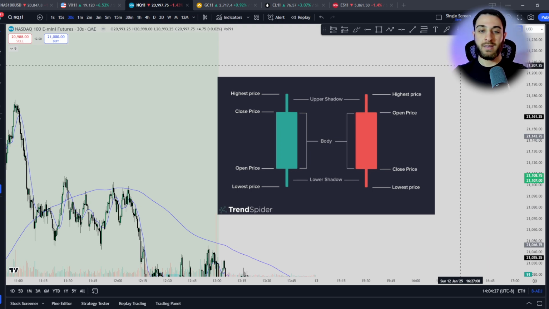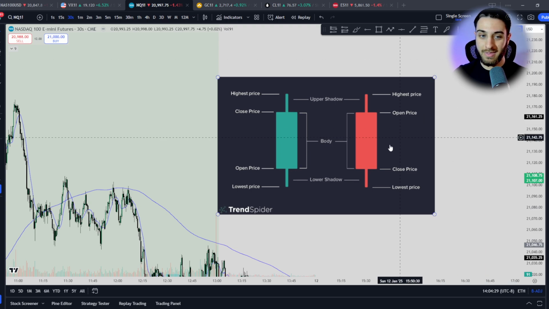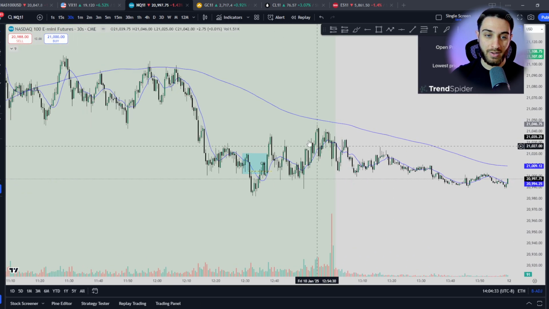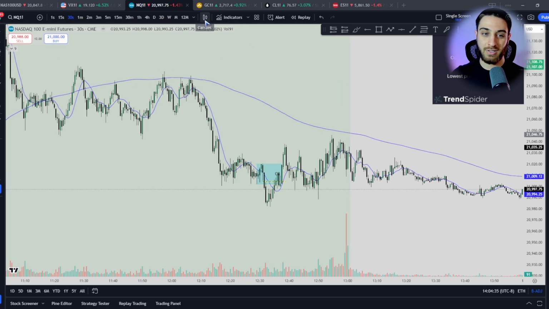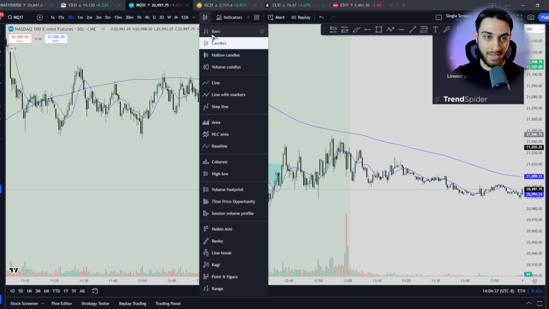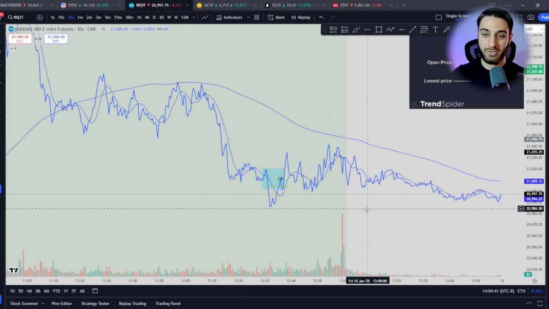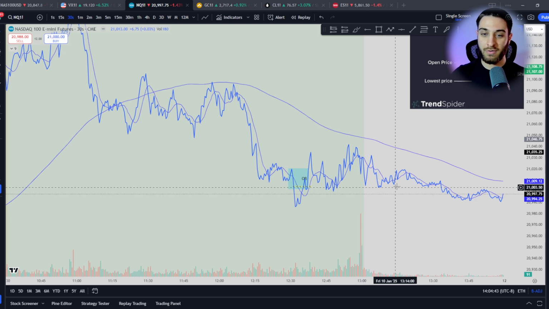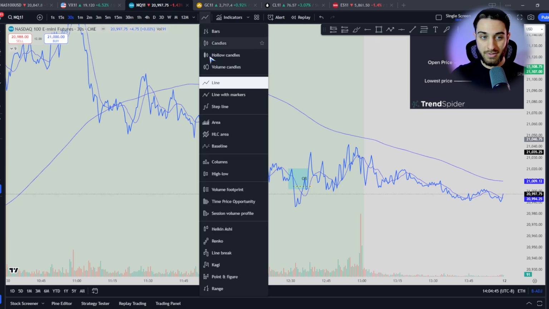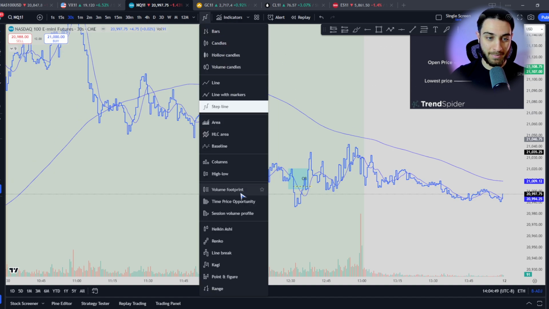All right, so what is a candlestick? These two are examples of candlesticks. They make up the entire chart, right? There's different ways of actually viewing the chart. You can view it through candlesticks. You could view it through lines. I'm sure if you guys have probably looked at Robinhood or charts on the phone, usually they show lines. You can also look at it with a bunch of different options like step lines.